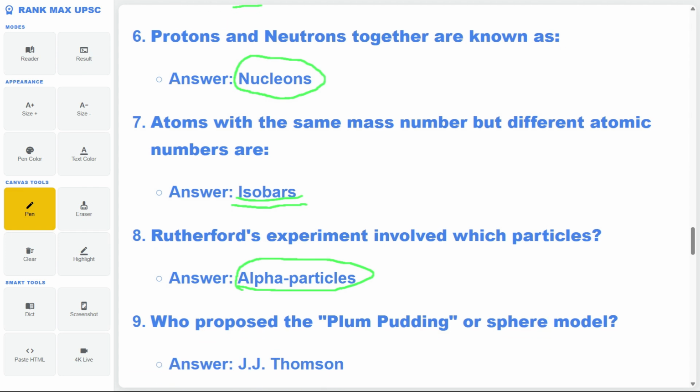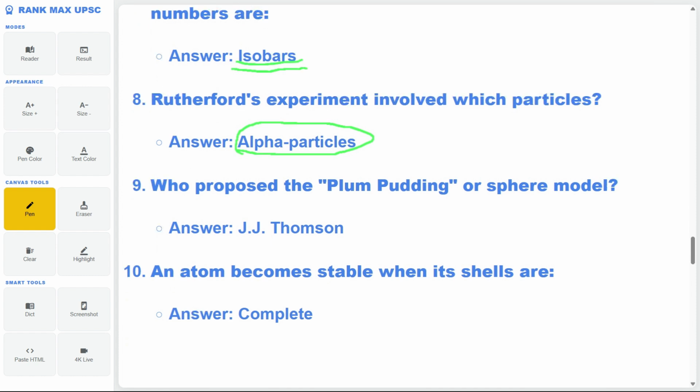Who proposed the plum pudding or sphere model? J.J. Thomson. An atom becomes stable when its shells are complete.